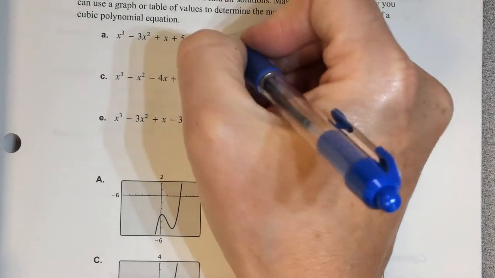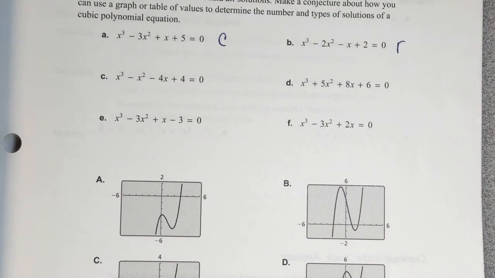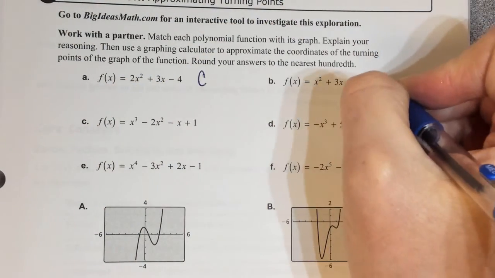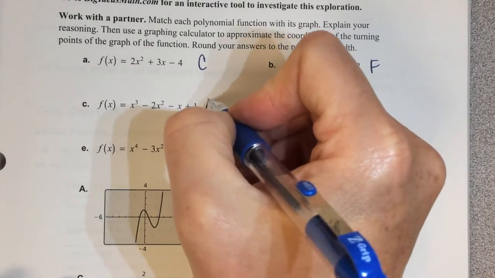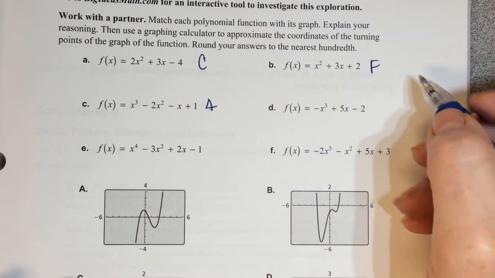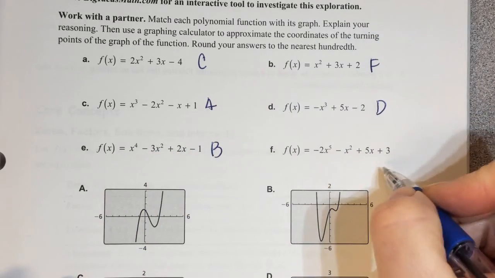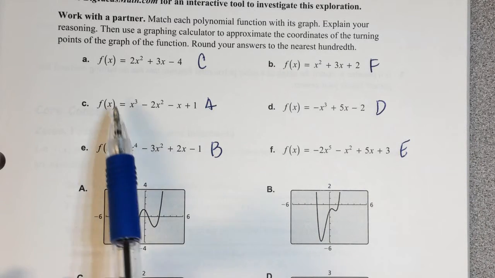And what about letter B? Good. Hold on, page though. And what about letter C? And D? E? And F. Good. So some things we looked for was the behavior.